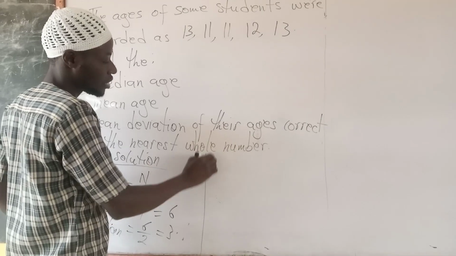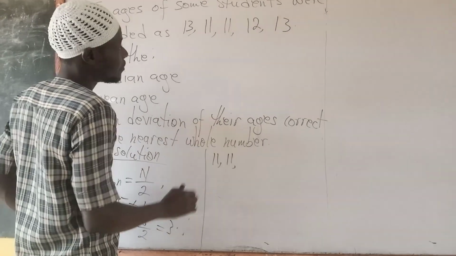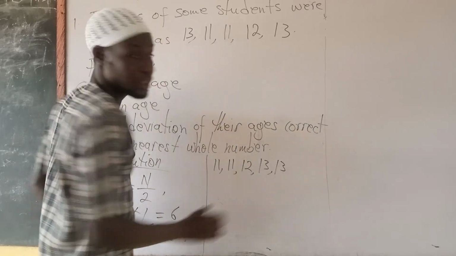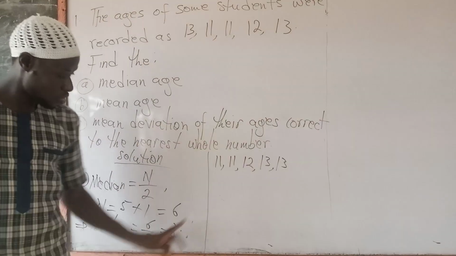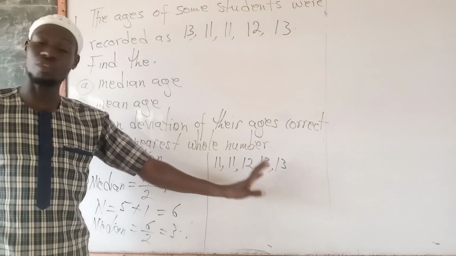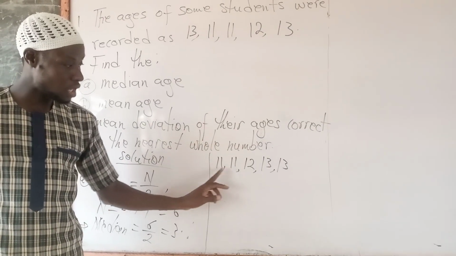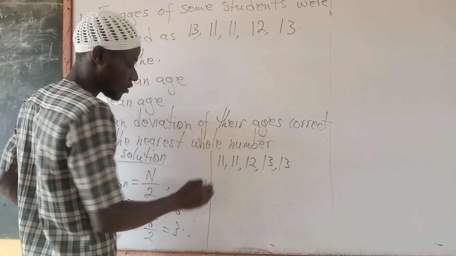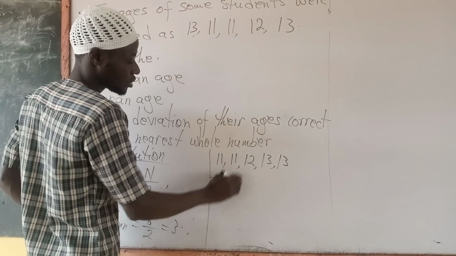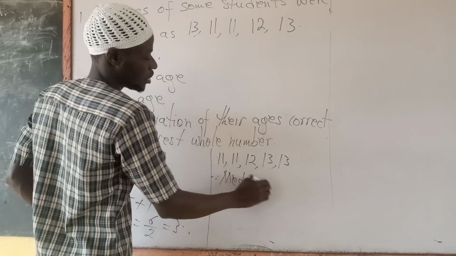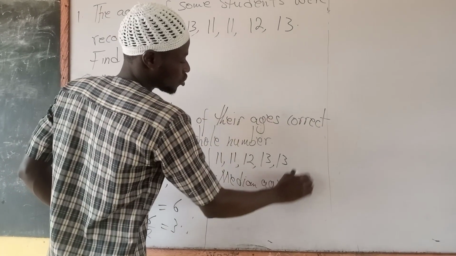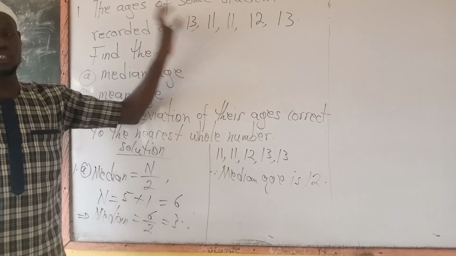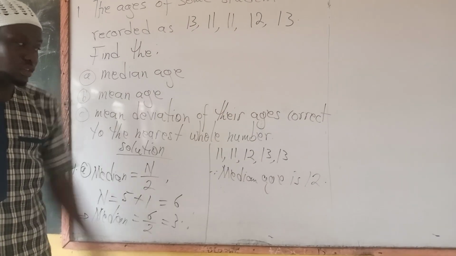So ascending will be 11, 11, 12, 13, and 13. So count from left to right or right to left, either way. So 1, 2, 3. So the third position is 12, and so therefore our median age is 12. So the median age of this set of ages of the students under consideration is 12.